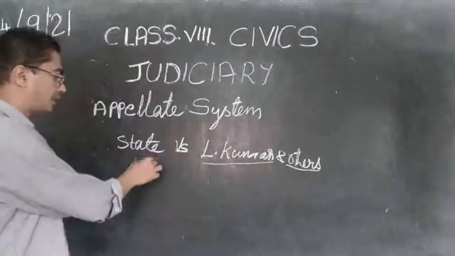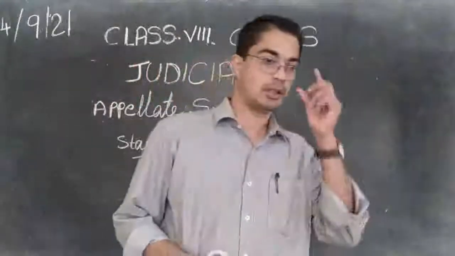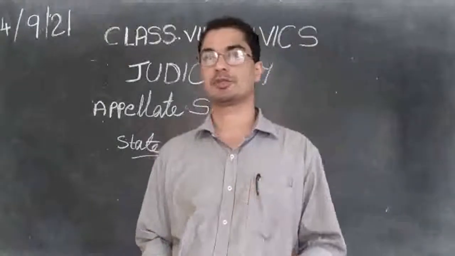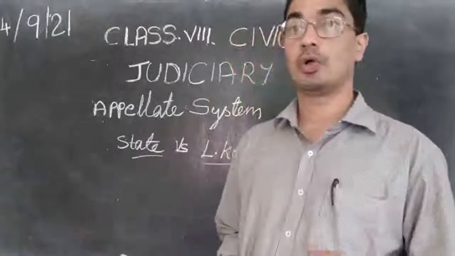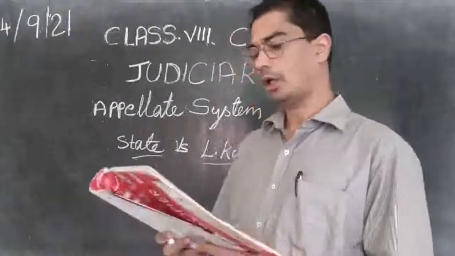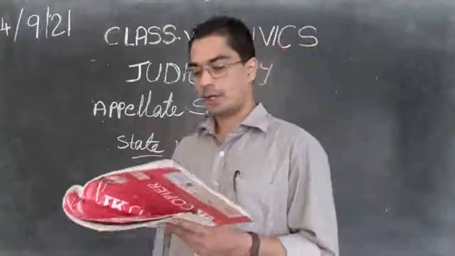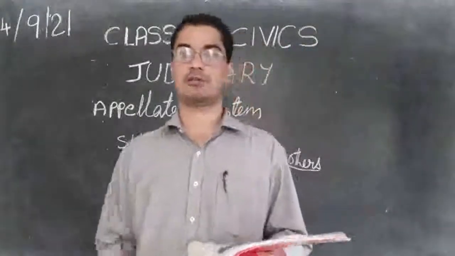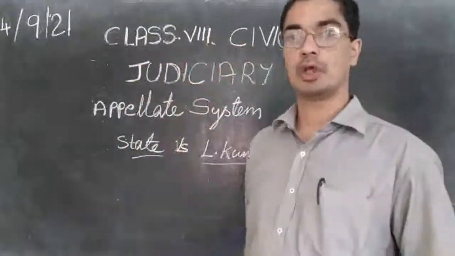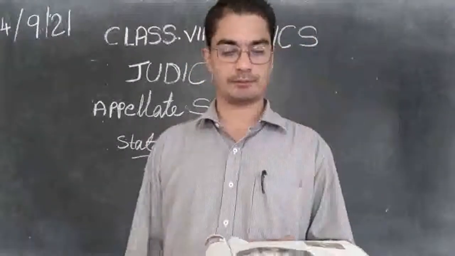The affected person's name is not mentioned, but they are represented by the state, because it is the responsibility of the state to provide justice for the people. They started from the lower court, and finally they had to go up to the Supreme Court to get justice. Let's see how they proceeded.